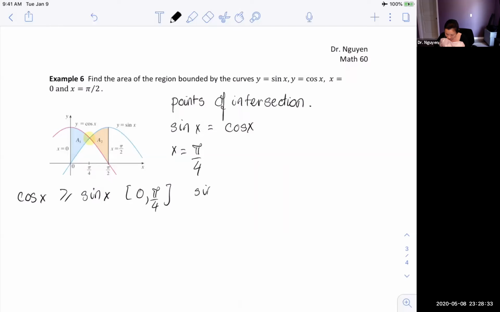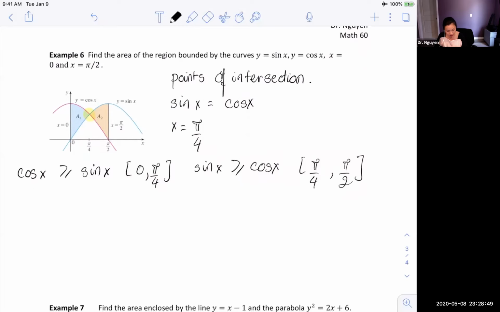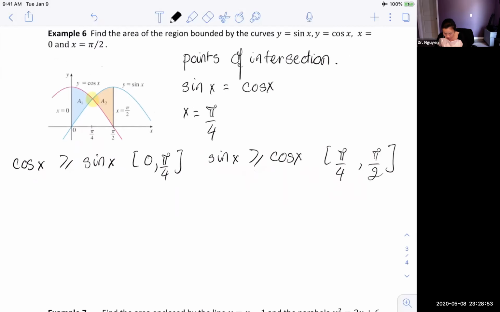But sine of x is greater than cosine of x when we have x in between pi over 4 and pi over 2. Okay, you can see the graph right there. Anyway, we're going to have to do two different integrals.